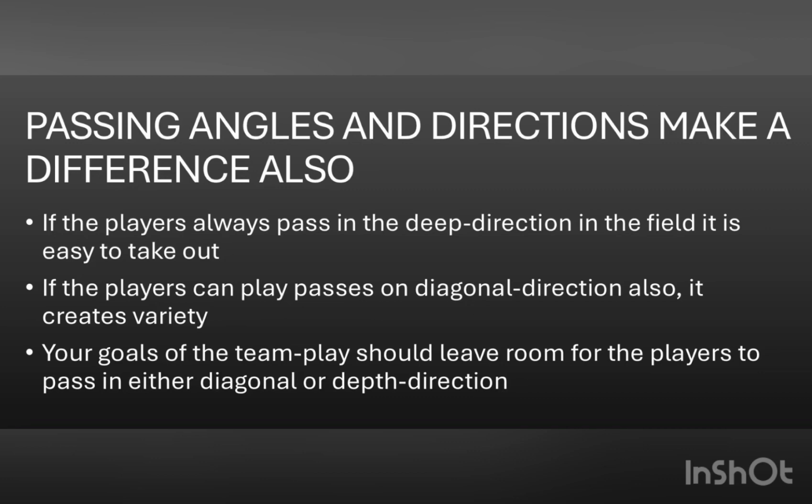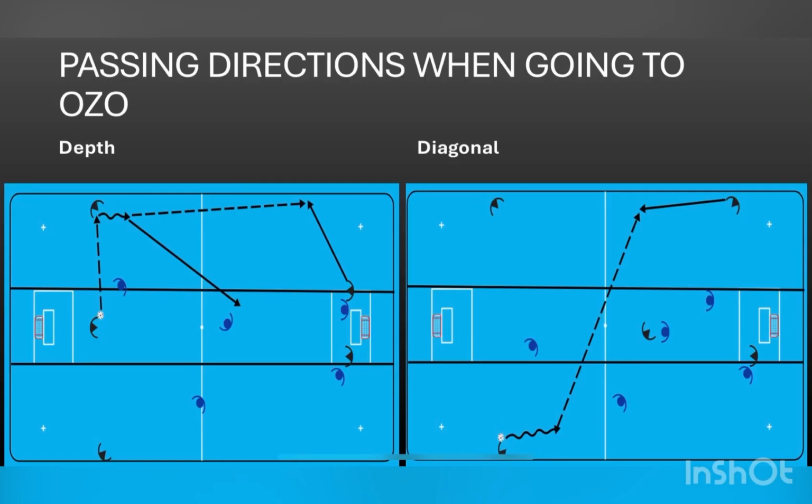Your goals for the team play should leave enough freedom of choice to the players that they can pick the passing direction either to the deep direction or in the diagonal direction. In this slide you will see two examples.